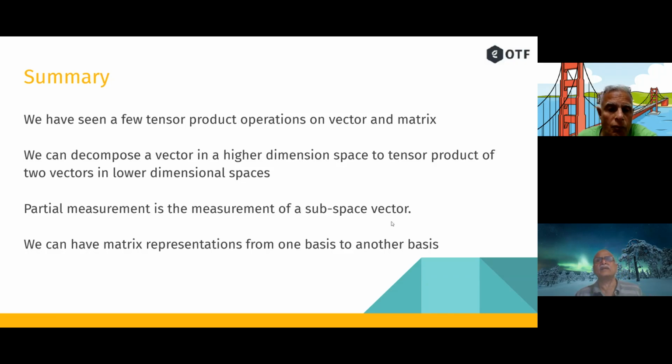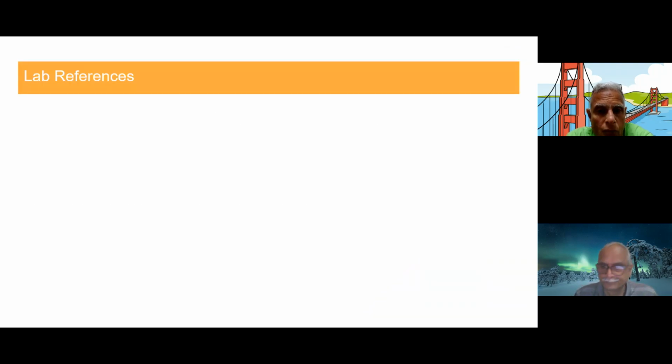Remember we had, let's say, a C4, and from C4, I'm now able to have a partial measurement that gives me a measurement in a subspace, which is a C2 space. And we can have these matrix representations, which allow me to transform these operators from one basis space to another basis space, or from one basis form to another. Okay, so that is in summary.